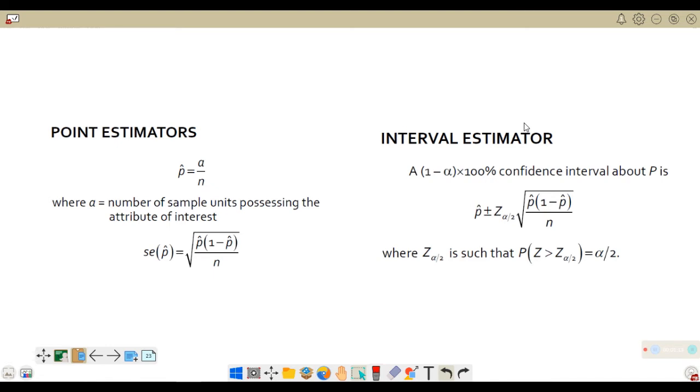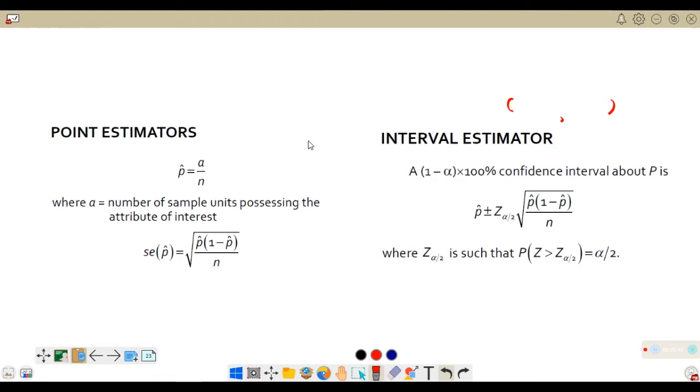So, sa point, you are comparing just a single value, wherein sa interval estimator naman or sa confidence intervals, you are actually plotting the location of the probable value or estimate of the whole population. So, ang tinitingnan mo ay yung range of values niya. Ayan. So, meron tayong lower limit and upper limit.